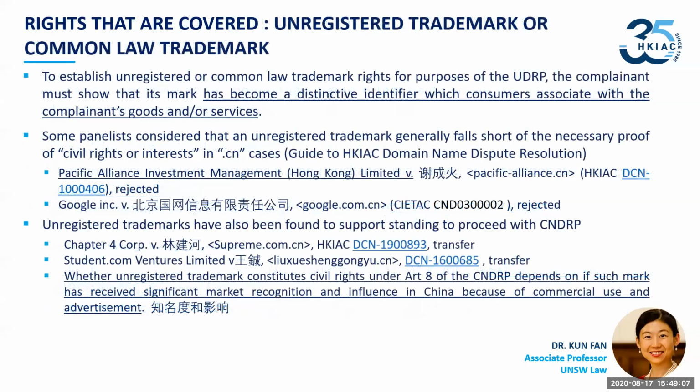What about then the unregistered or common law trademarks? Well, under the UDRP, to establish unregistered or common law trademark rights, the complainant must show that its mark has become a distinctive identifier which consumers associate with the complainant's goods or services. But under the CNDRP, the matter is a bit more controversial. As I said earlier, Article 8 of the CNDRP requires that the complainant must have civil rights or interest in its name or mark.